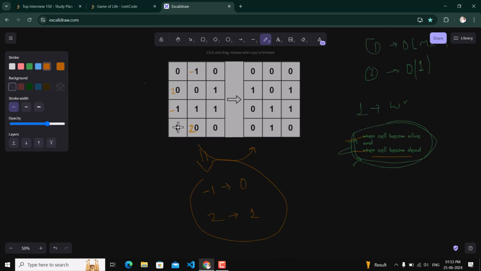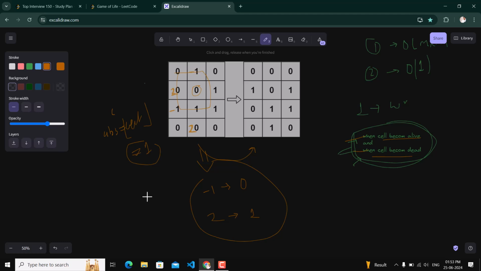We have taken care by replacing a live cell with -1 when it dies, and a dead cell with 2 when it becomes alive. When we compute the total number of live cells, we will take the absolute value of the current cell and check if its value equals 1.